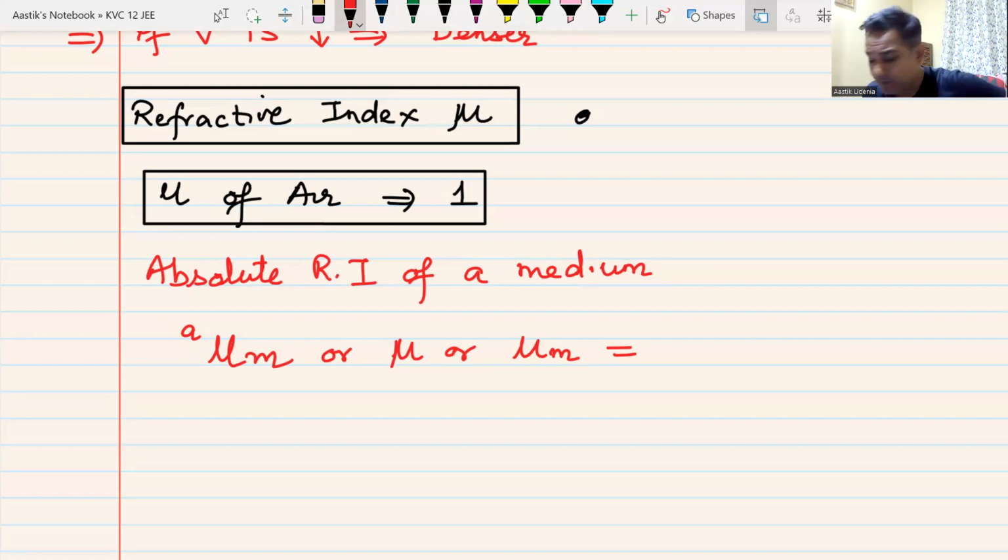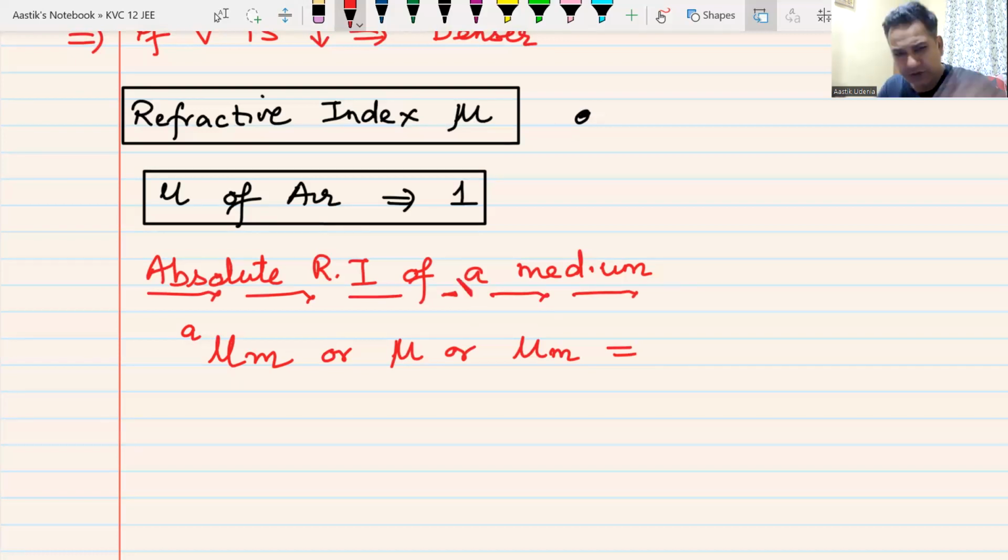Can you tell me how we find this out? Speed of light in air by speed of light in vacuum, that is 1:1. The answer is 1 in all cases.